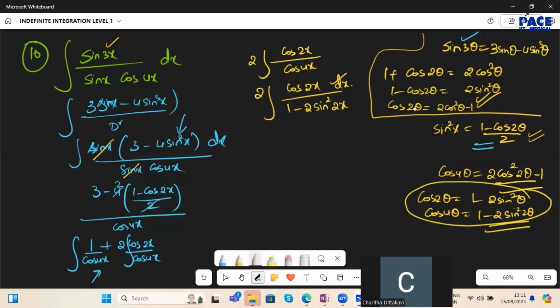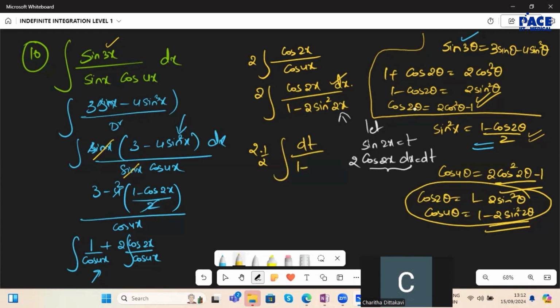Right. Now I can replace with a substitution that let sin 2x equal to t. When sin 2x equal to t, differentiation of sin 2x is cos 2x with one more 2, dx equal to dt. So cos 2x dx is 1 by 2 dt. So just replace there now. So 2 times 1 by 2 dt by 1 minus 2 times t square, so 1 minus 2t square now.